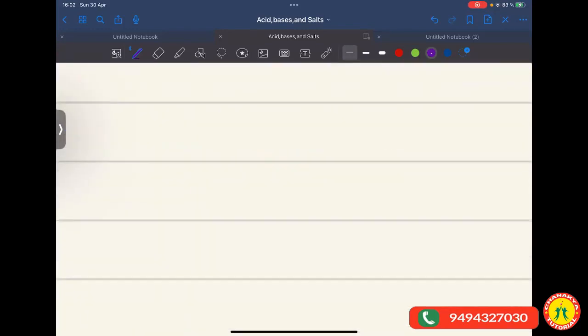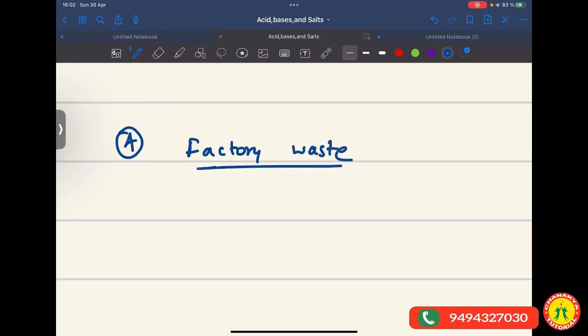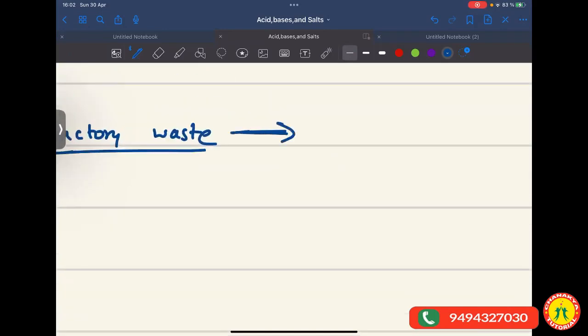Finally, in the last example, we have factory waste. So the waste of many factories has acid in it. If they are allowed into water bodies, all these acids will start killing the fish and other organisms in water.